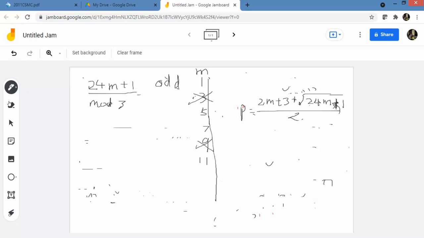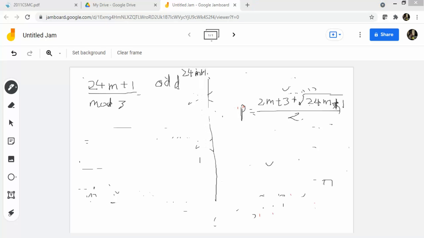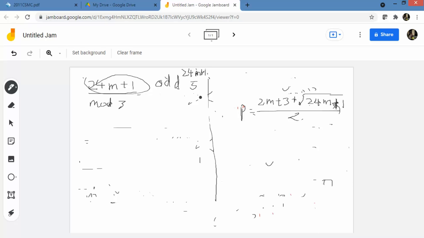Sorry, before it's wrong. So we say it's 24M plus 1, right? The first one should be odd, so it'd be 5. First one is 5, not 1, 2, 3. Start with 5 as the starting point, because for M equal to 1, 24 plus 1 has root 5. So it has to be 5 squared, and the next ones are 7, 9, 11, 13, 15, something like that.